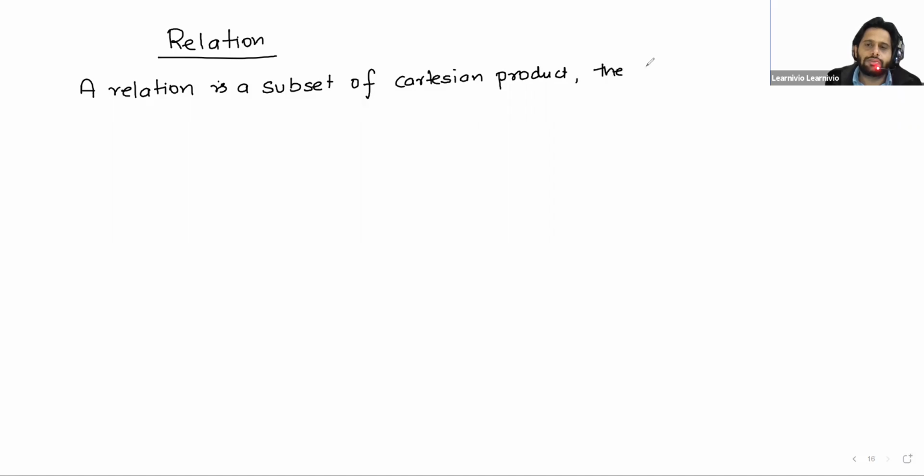The subset is derived by describing a relationship.